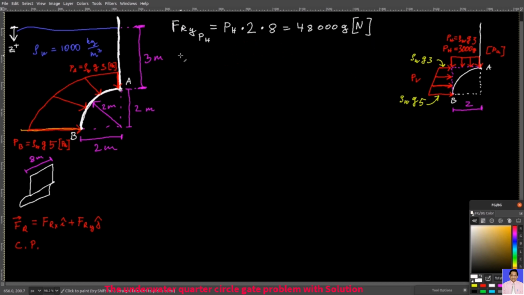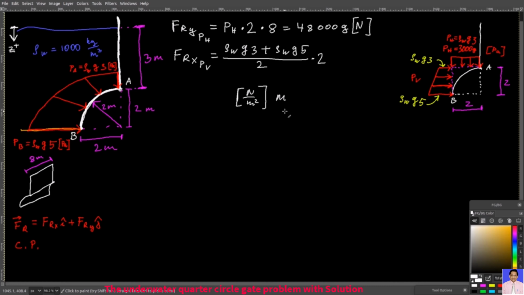Then also, the resultant force from PV would be Frx due to PV, and here you need to calculate the area of this trapezoid. Remember, the distance from here till here is also 2 meters. And so I have this thing plus this thing divided by 2 times 2. That's the area of the trapezoid, but that alone will only give us newtons over meter.